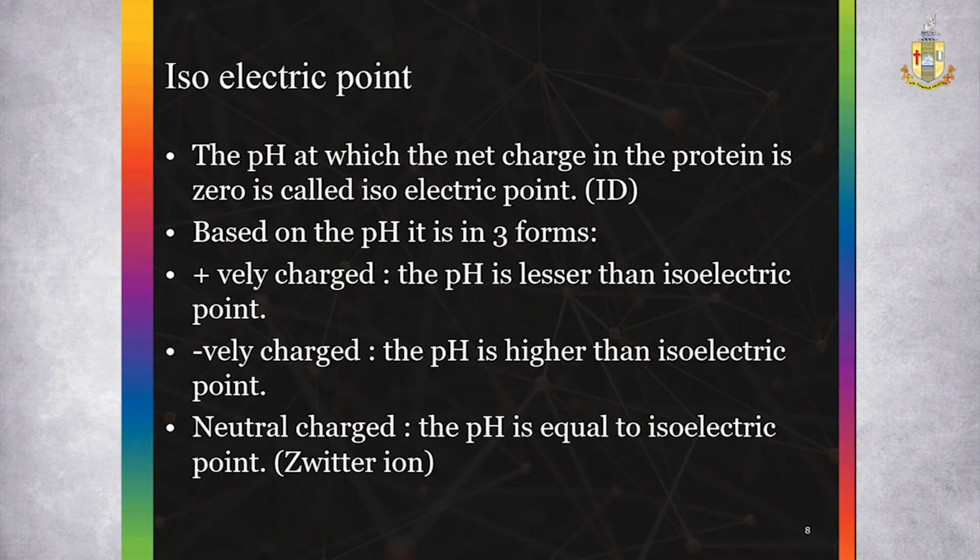If the pH is higher than the isoelectric point, it is negatively charged. If a molecule could be either positive or negative but the pH is such that the net charge is 0, that pH we call the isoelectric point. It is also called the zwitter ion.